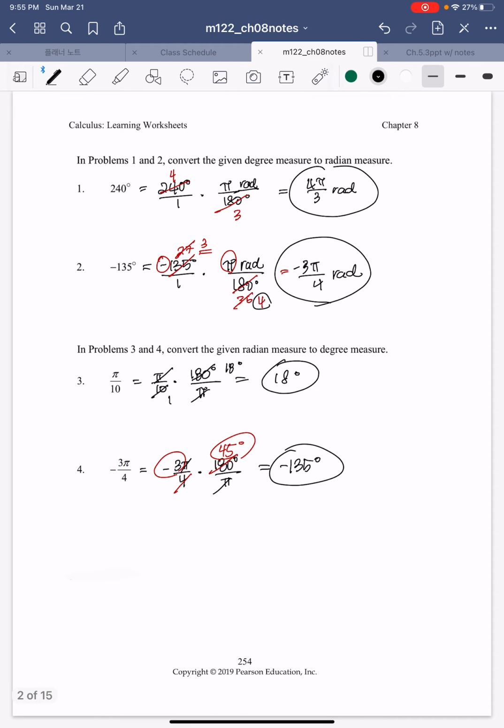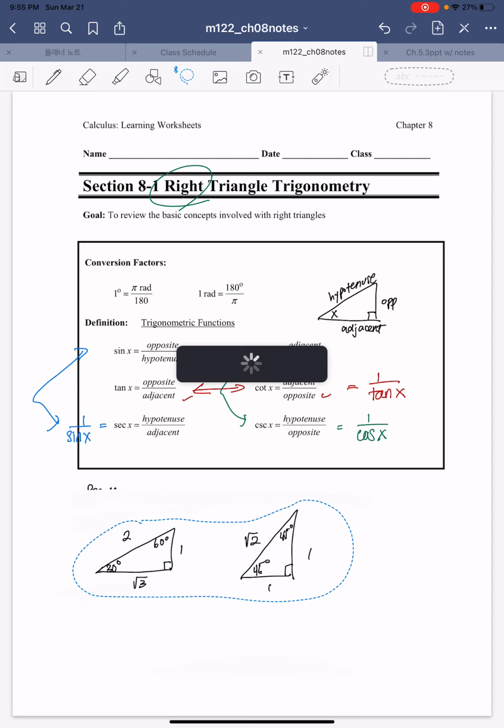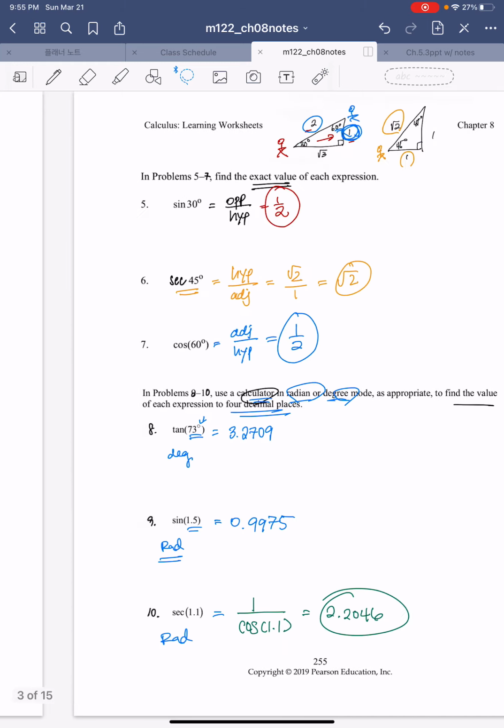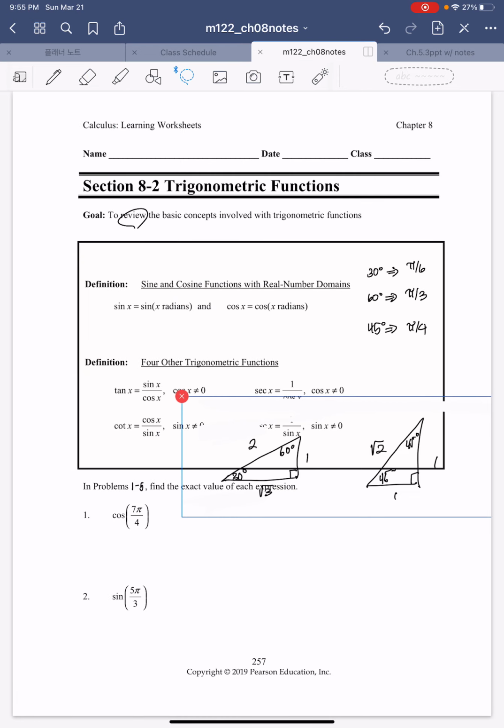So again, I'm going to copy this triangle from the last section and add it here so it's all ready to go.